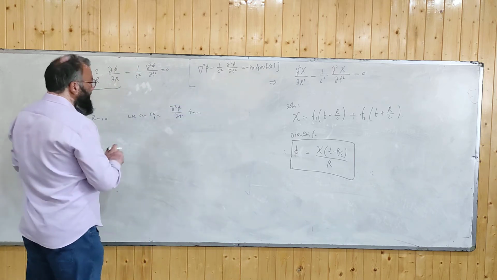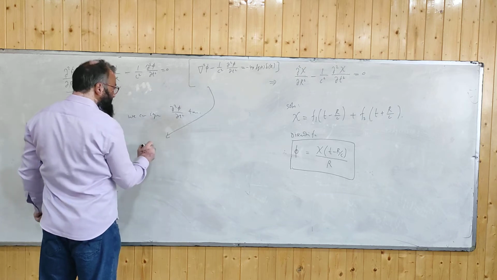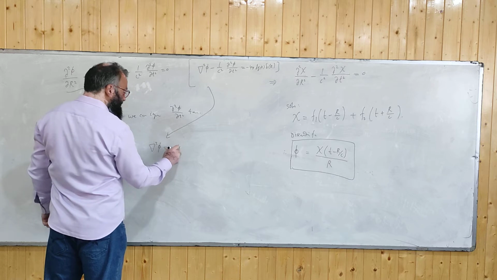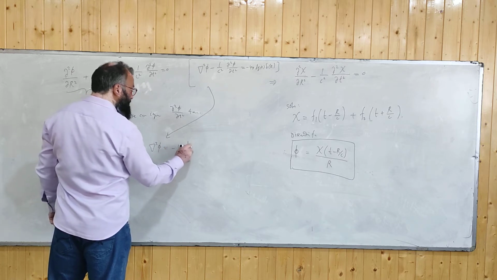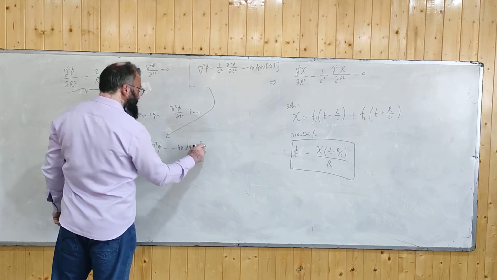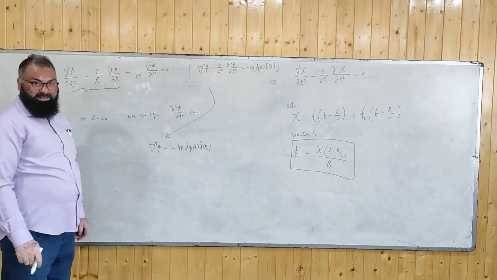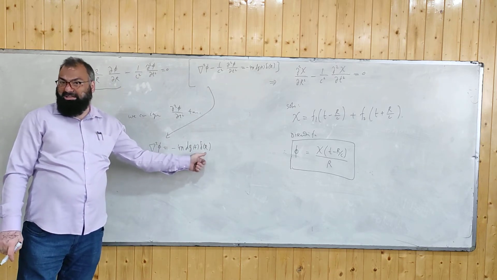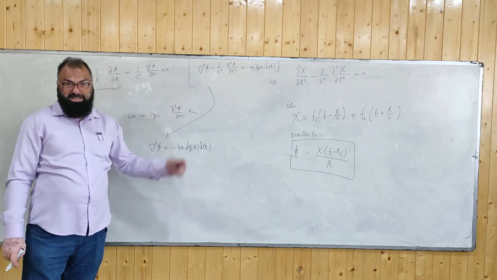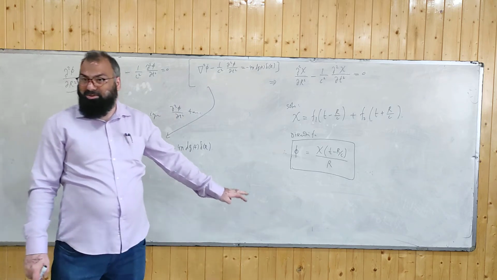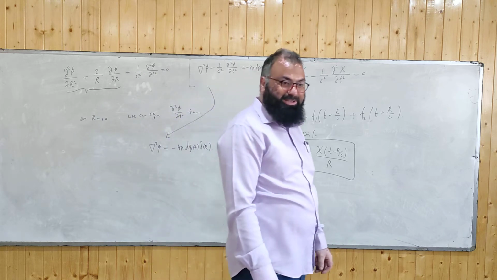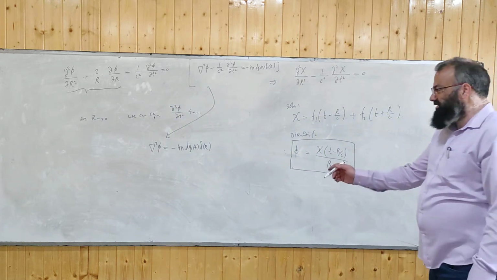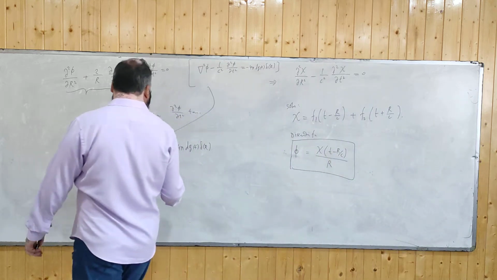What remains is nabla square phi equal to minus 4 pi dq of t delta of r, which will not vanish as r tends to 0. So now you have a Poisson equation for a point charge. What is the solution for this point charge?